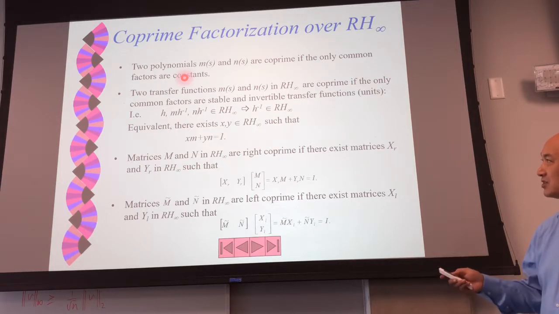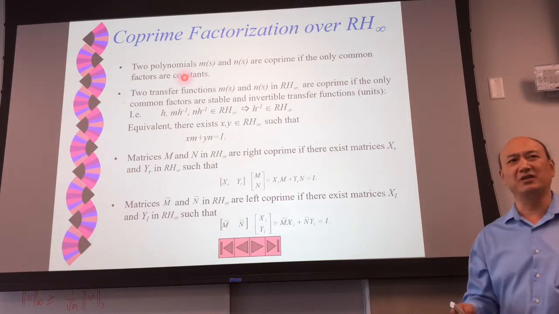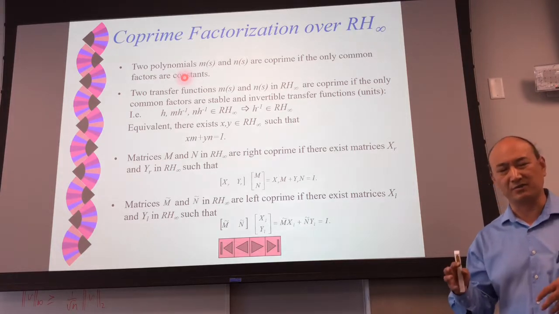So this is for the scalar transfer function case. But for the MIMO case, things are a little bit different. You need to distinguish between left and right, left coprime or right coprime.